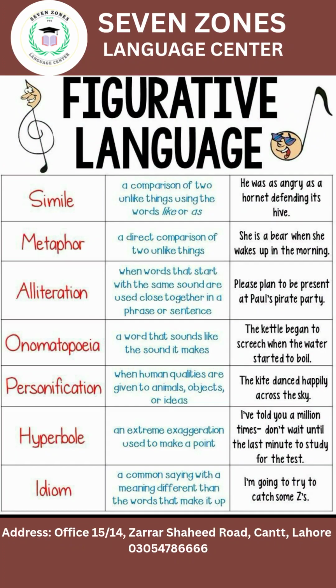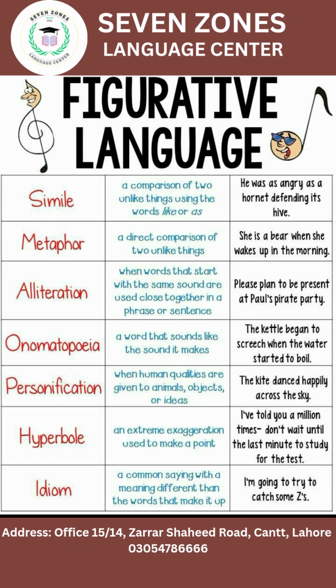Next is personification. Personification is when human qualities are given to non-human things, like animals, objects, ideas, anything that's not human being referred to as having human qualities. That's going to be personification. For example, it's written here, the kite danced happily across the sky.